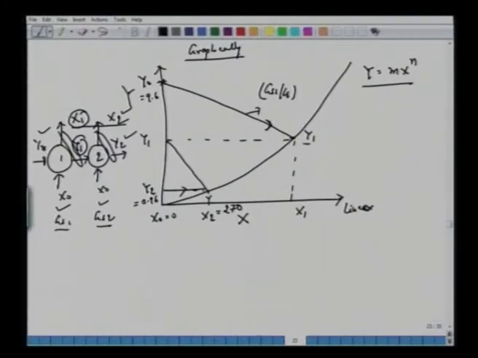So this stream starting from y0 is brought down to y1. So y0, x0 enter and they leave at x1, y1 in equilibrium. Now y1, x0 equal to 0, again enter the second stage and leave as y2 and x2. This point is already fixed because this is 0.96 and this is 270. This line is fixed. Once we know y1, we can connect with this.